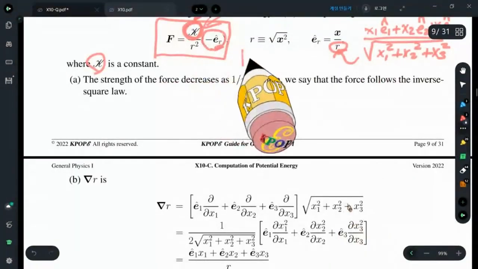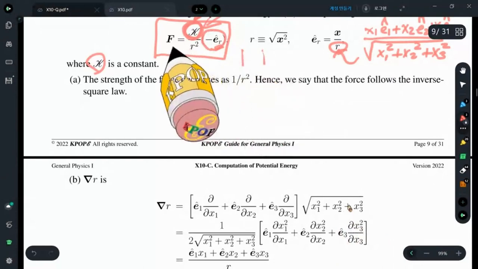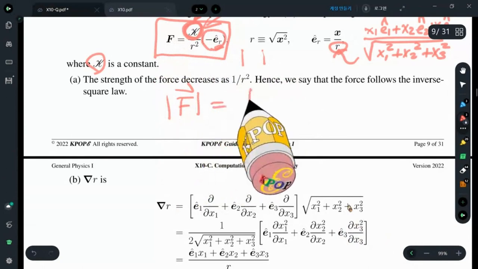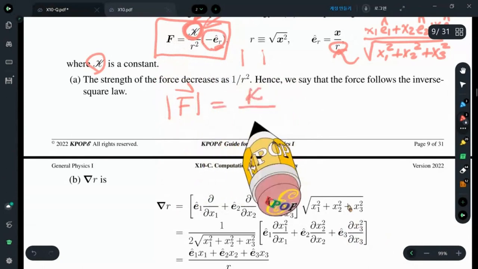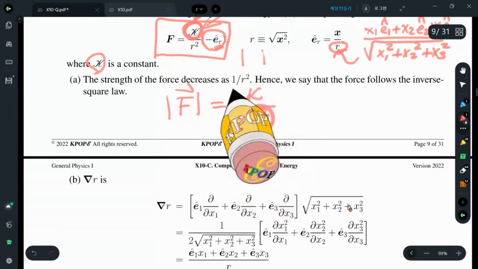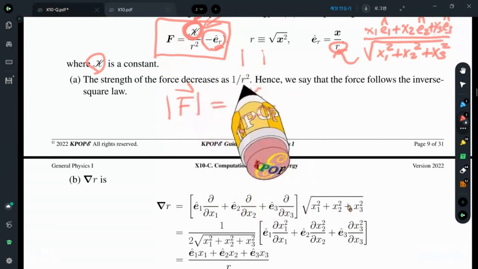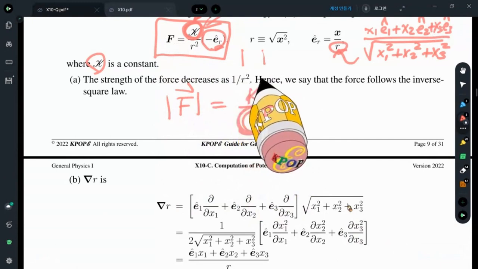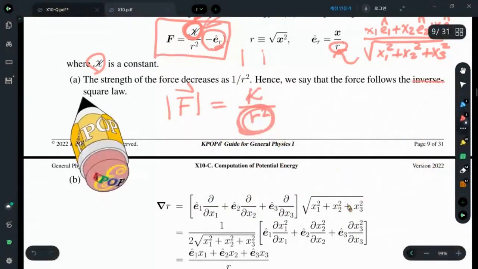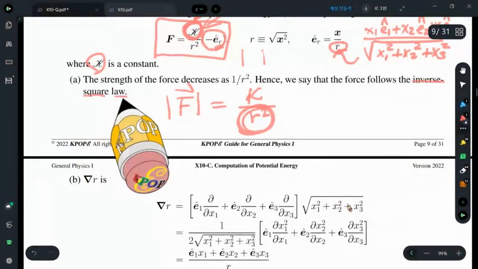Because this is a unit vector, magnitude is 1. The force, magnitude of force is just a constant k over r squared. So it decreases as radius increases by r squared. So we say it is inverse square law.